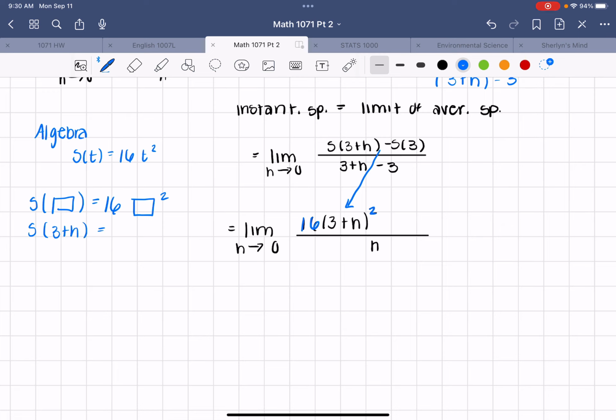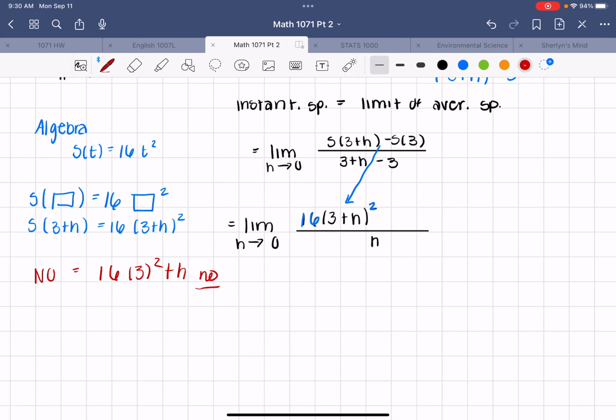Here is what I get on your exams: 16 times 3 squared plus h. That's what happens. People see the t squared and they put the 3 in for the t, and then they say, well, what should we do with the h?